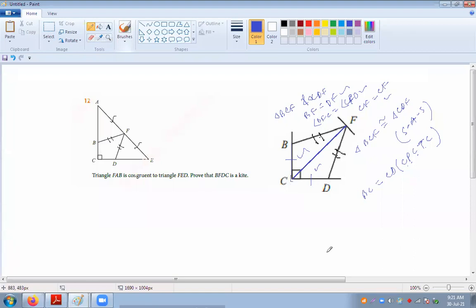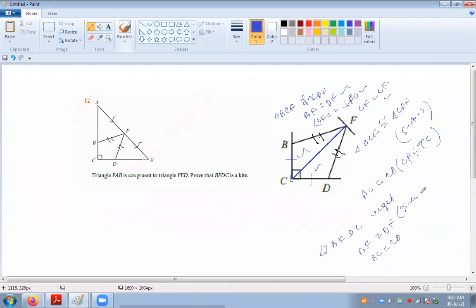In that quadrilateral BFDC, we get BF is equal to DF and also BC is equal to CD.